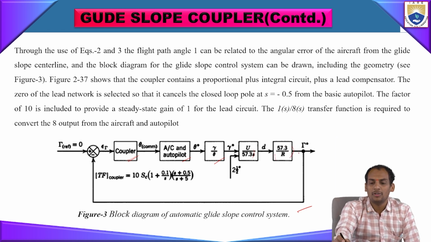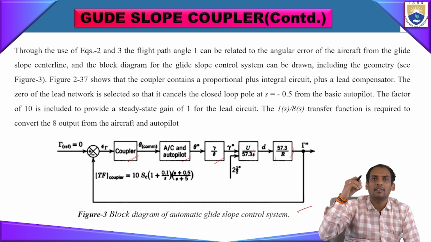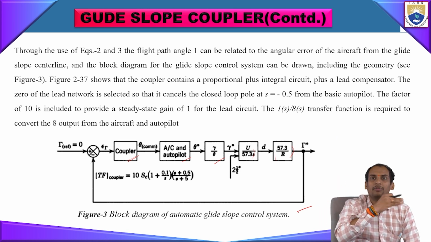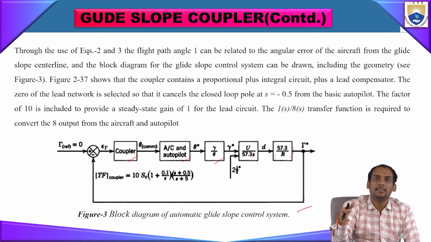So ultimately the output will be tau naught. That means the glide angle with respect to the horizon is tau naught.